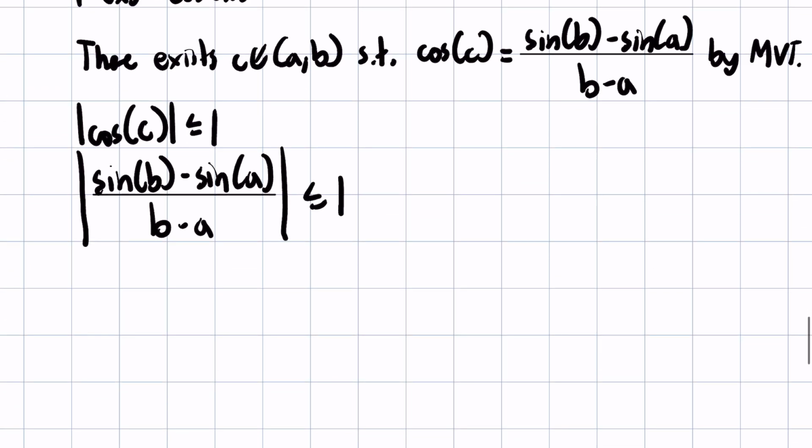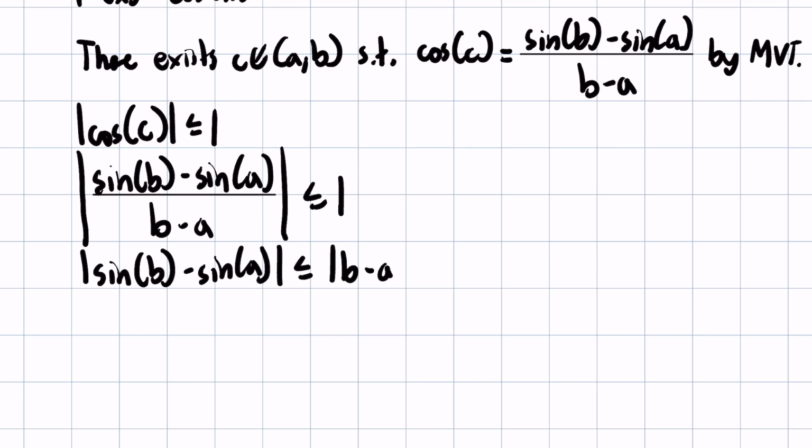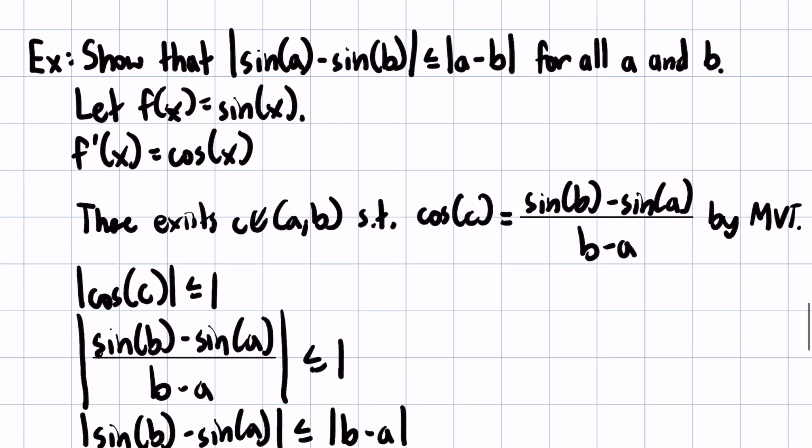Now we can separate out the absolute value so that it's the absolute value of sine b minus sine a over the absolute value of b minus a, and multiply both sides with the absolute value of b minus a. So we get the sine of b minus the sine of a, all in absolute value, is less than or equal to the absolute value of b minus a, which is what we were trying to prove in the first place.